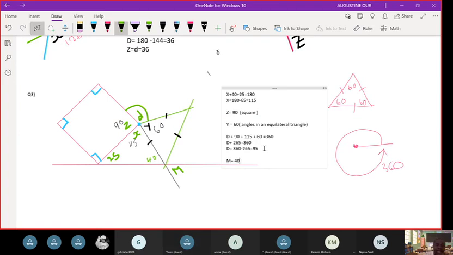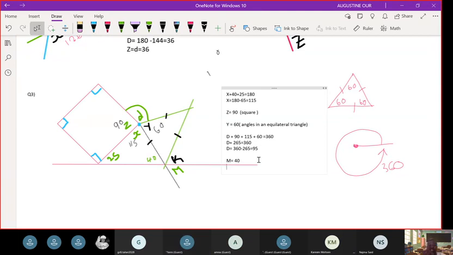And what if I put a K somewhere here? I think it's better if I put a K here. What is K? 140. Are you sure? No?